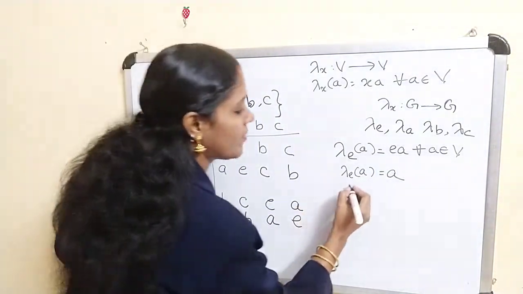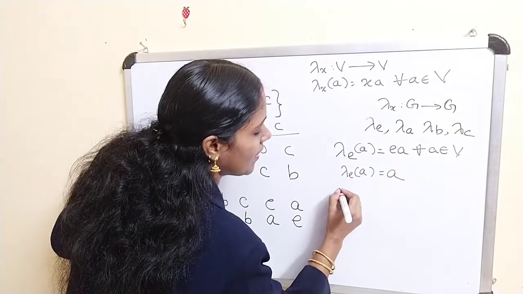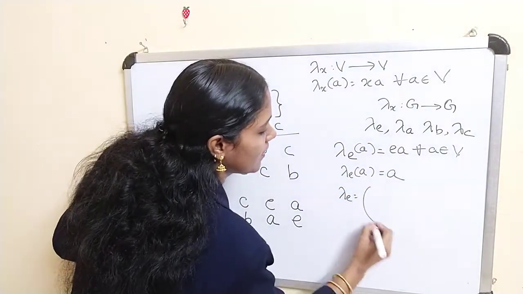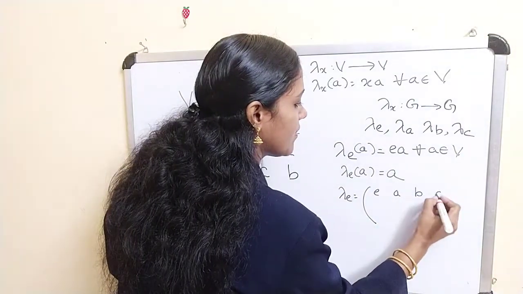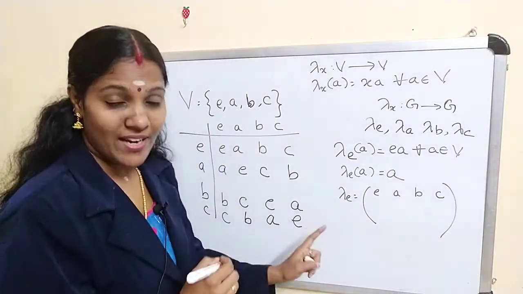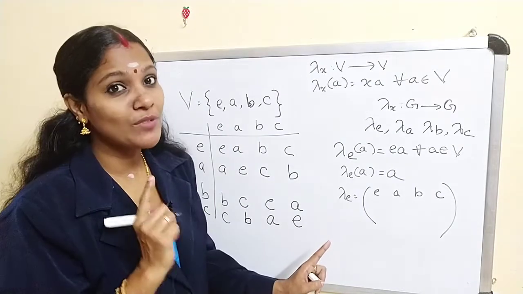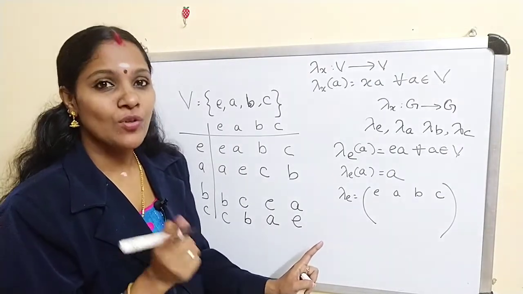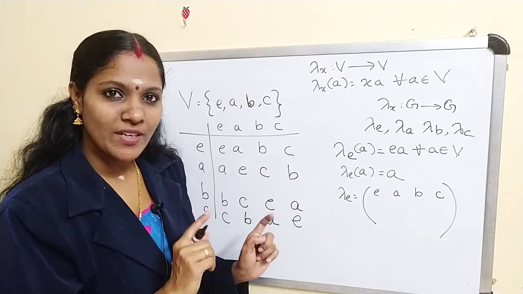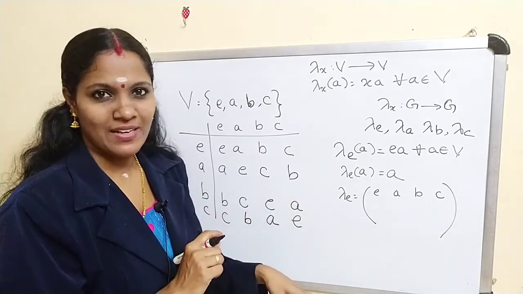So what about lambda E? Now lambda E is actually on E, A, B, C. Lambda x is a permutation from G to G. Here our group G is V. Okay. So lambda x is a permutation from V to V. Clear?